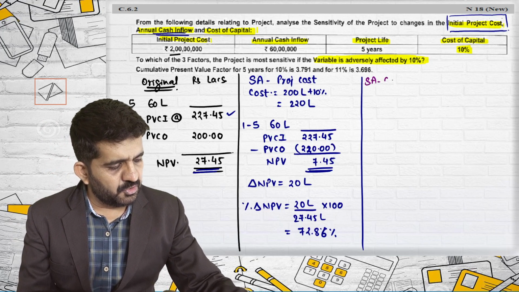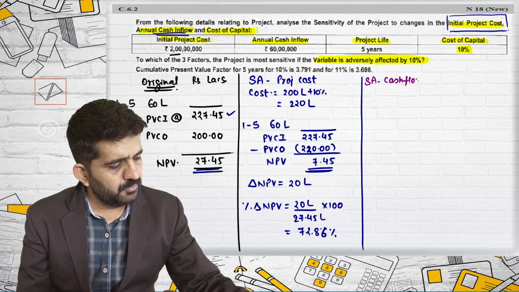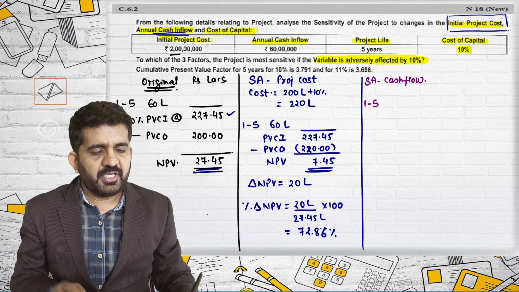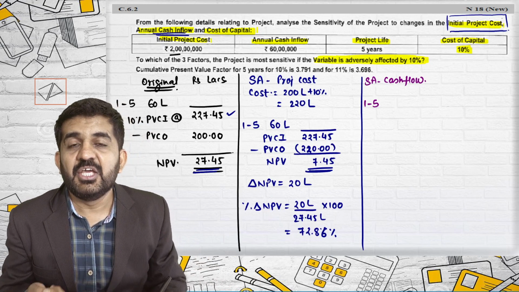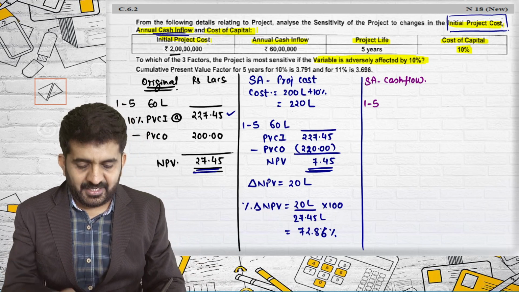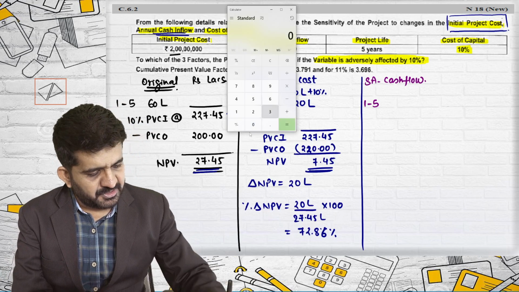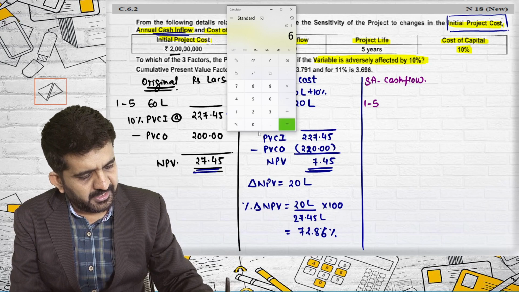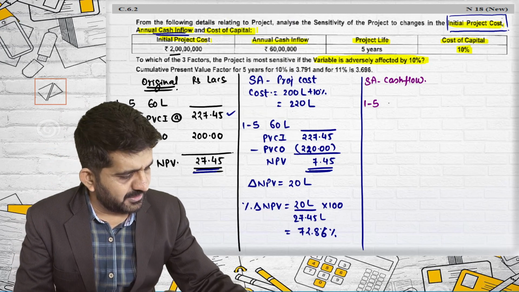Sensitivity analysis of annual cash flow. From my 1 to 5 years, the cash flow was 60 lakhs. If it is adversely affected, it will decrease by 10%. 60 lakhs minus 10% is 54 lakhs.